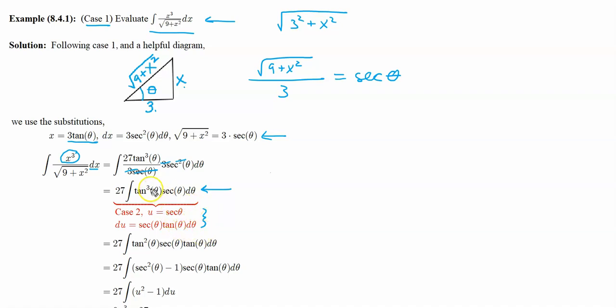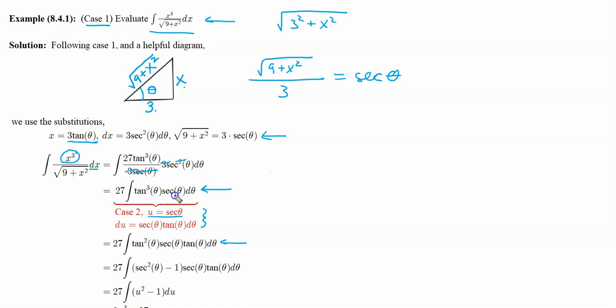So in this case, we want to pull 1 tangent away, 1 secant away, put them with the d theta, and then use the substitution u equals secant theta. And then du is going to be secant theta tangent theta d theta.